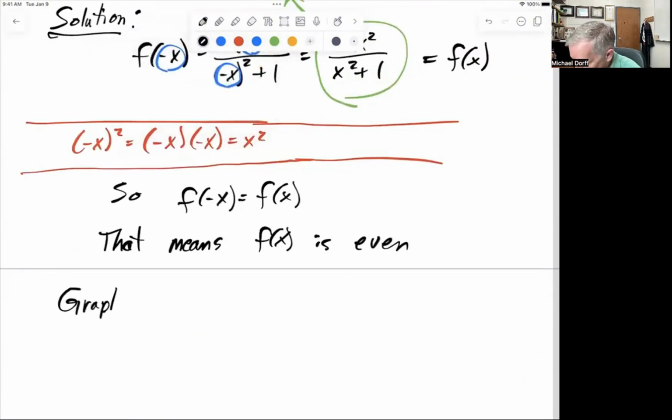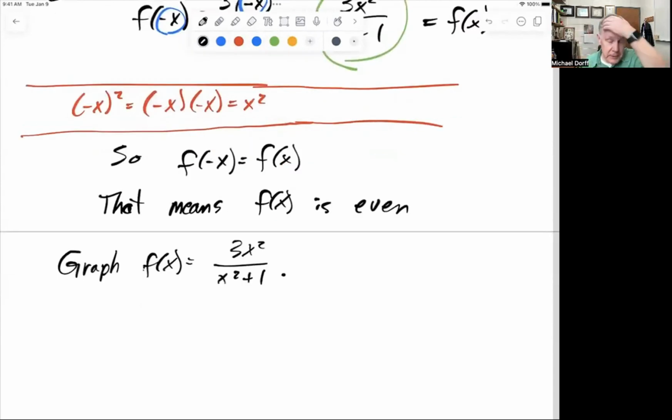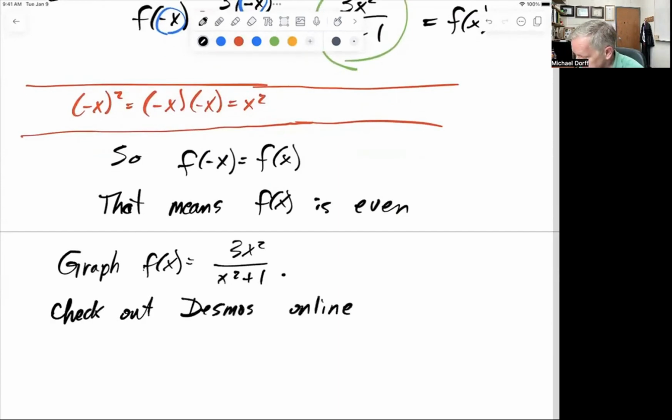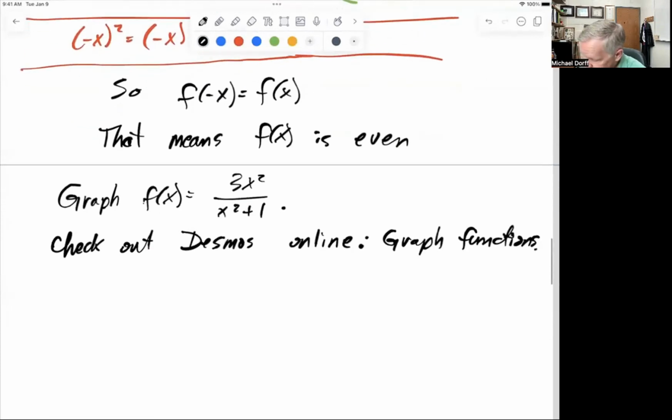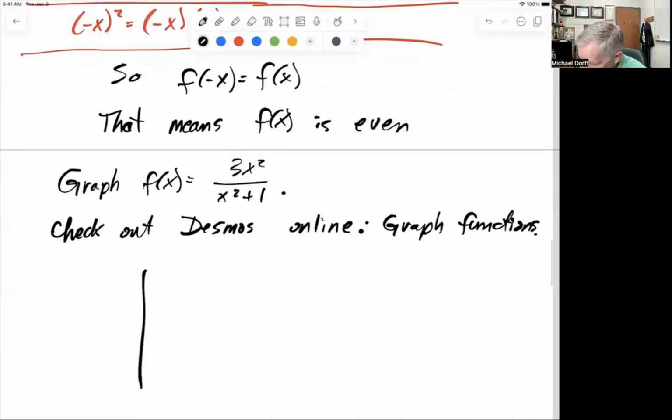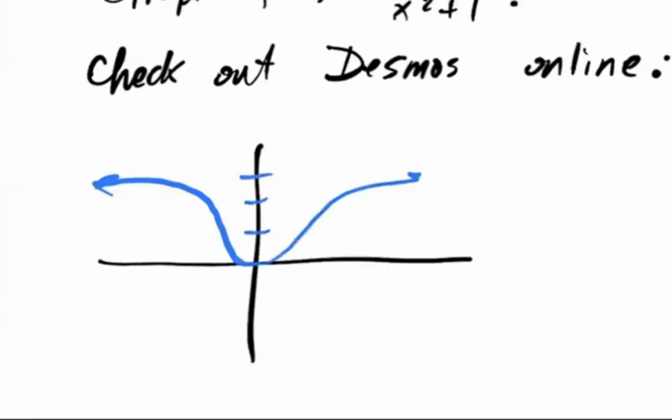So let's say we graph f of x equals 3x squared over x squared plus 1. Well, it's not one that we've talked about. So I would suggest checking out a program called Desmos online, and it will help you graph functions. If I go onto Desmos and graph this function here, it's going to look something like this. This is f of x equals 3x squared over x squared plus 1.